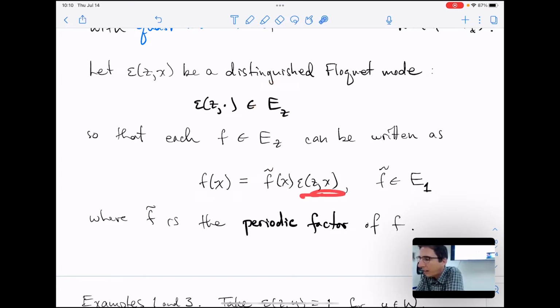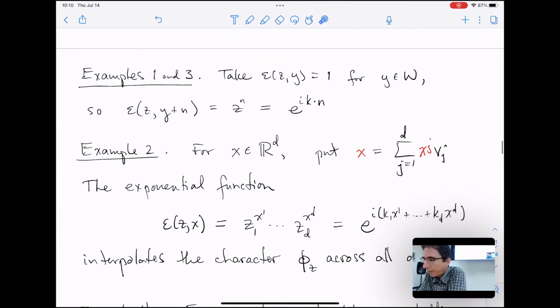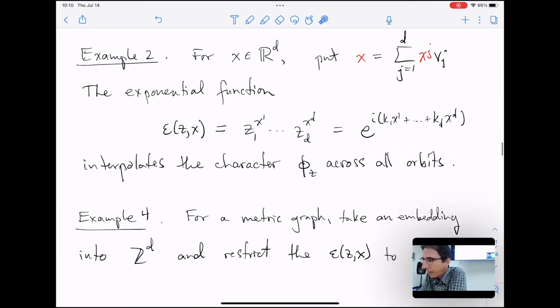Let me show you exactly what I mean by this. Then you can call the f tilde the periodic factor. So these are two examples from above. In the case of example 2, where we're in R^d, what I'm writing here is just that you can take an exponential function inside of the fundamental domain that will interpolate through all of the different orbits, so that I have the pseudoperiodic function that's genuinely an exponential.